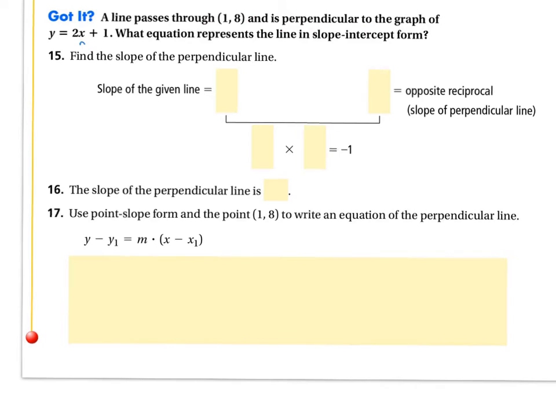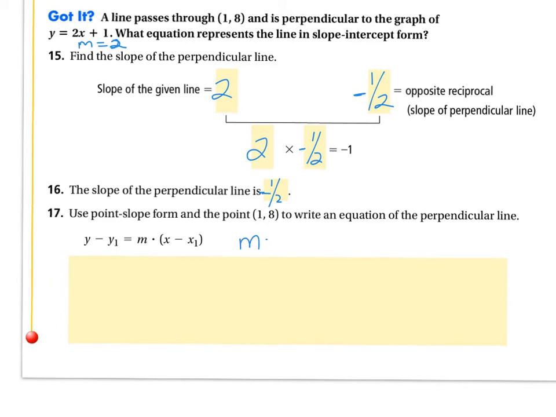Well, this slope here is m equals 2. So the slope of the given line is 2. Its opposite reciprocal is negative 1/2. And I know that because 2 times negative 1/2 equals -1. So the slope of the perpendicular line is negative 1/2.